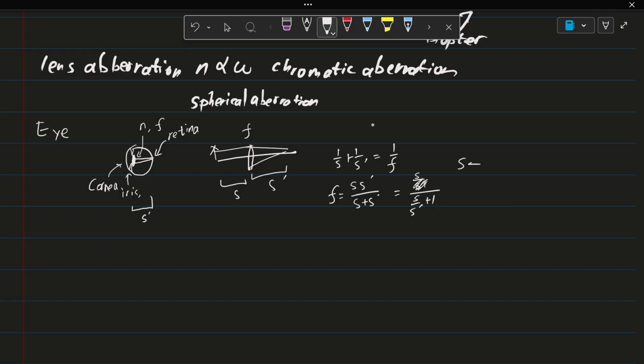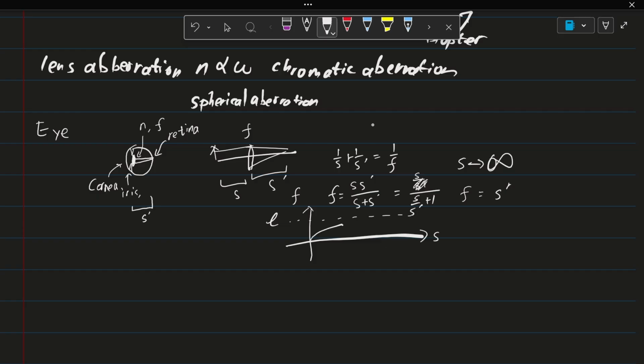So when your object goes very far, your focal length will turn out to be going towards S prime. So this is the way for me to draw the focal length in terms of the distance of the object, as long as you know the length of your eyeball. This is the length of your eyeball.